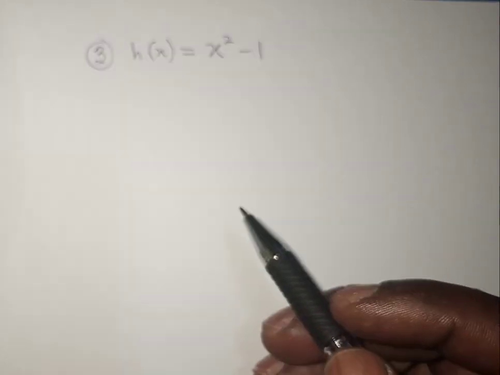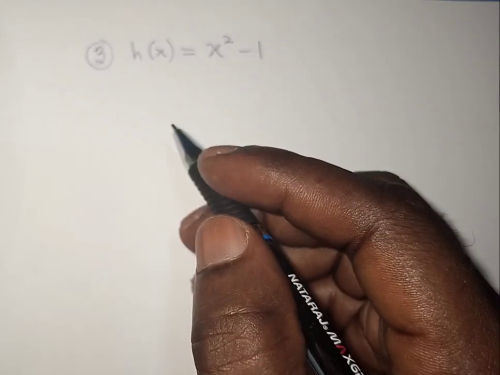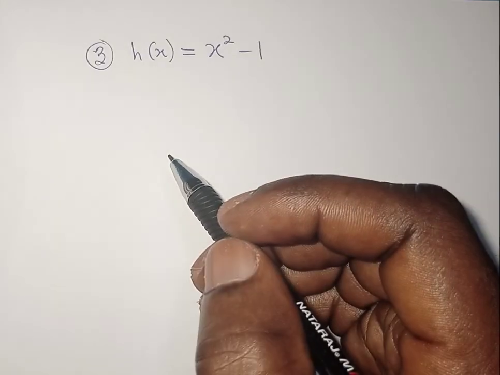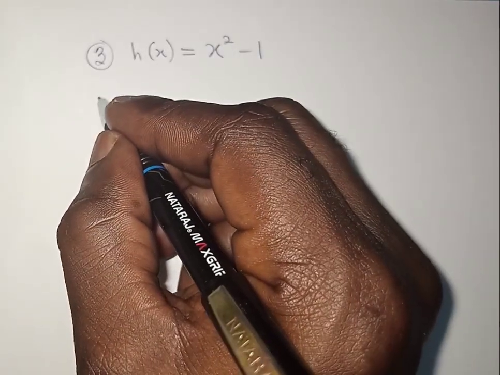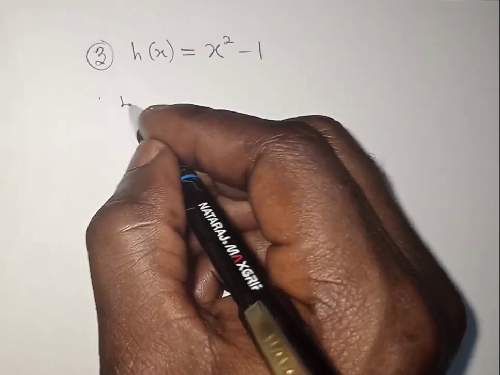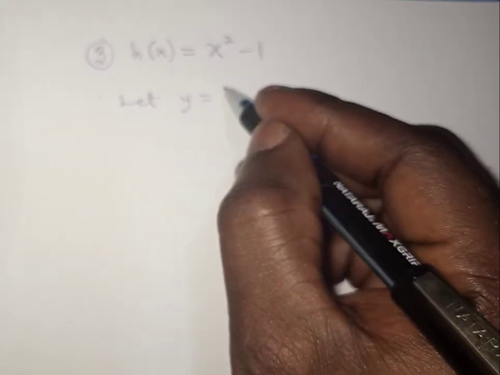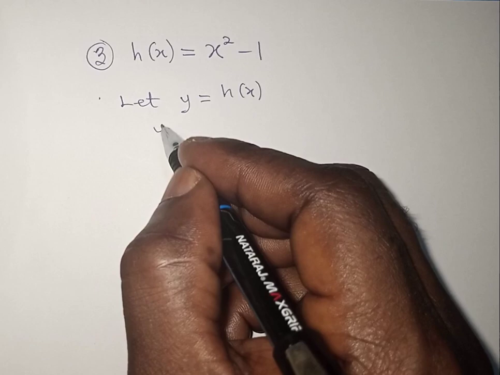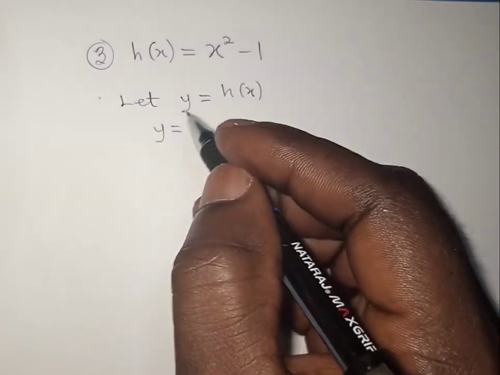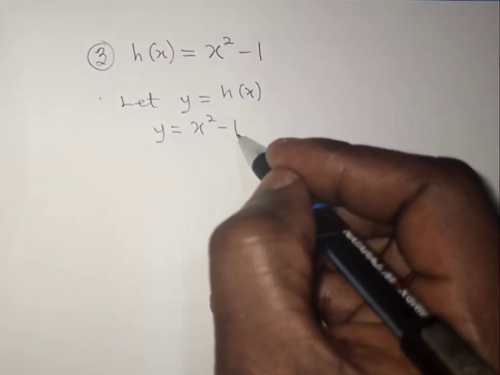All right, so let's look at the third example. For this one, we are applying the same method here. In the first place, let's let y equal h of x. Therefore, our new equation becomes y is equal to x squared minus 1.